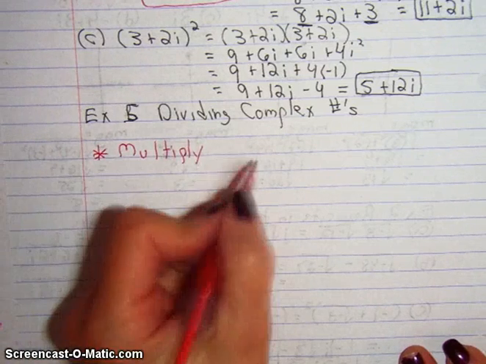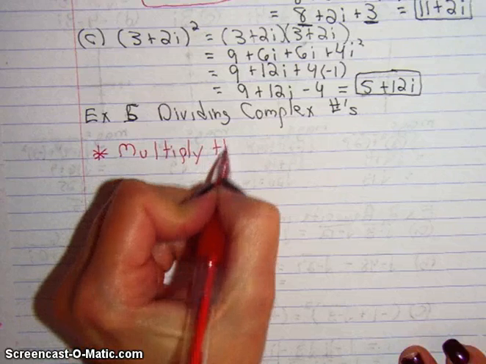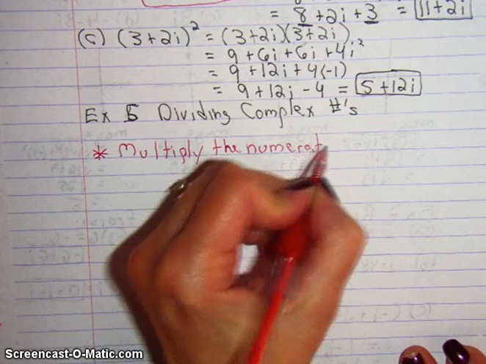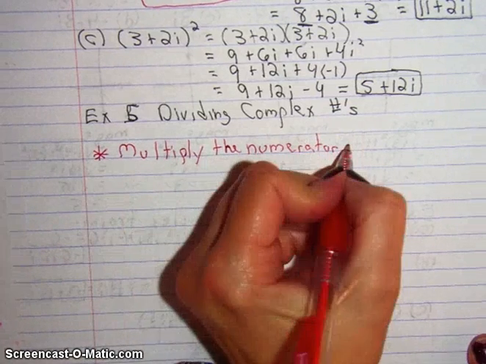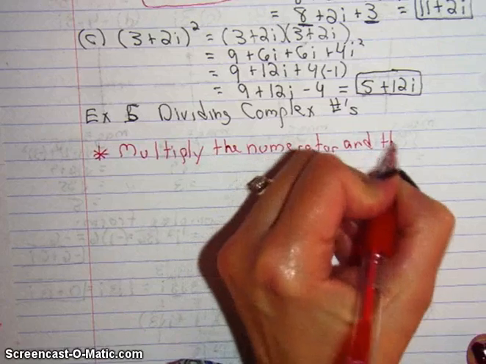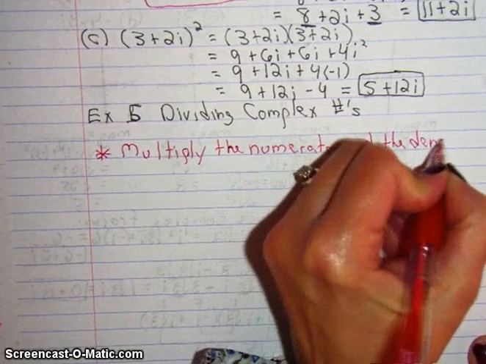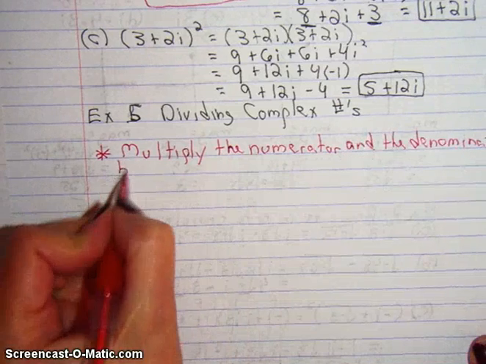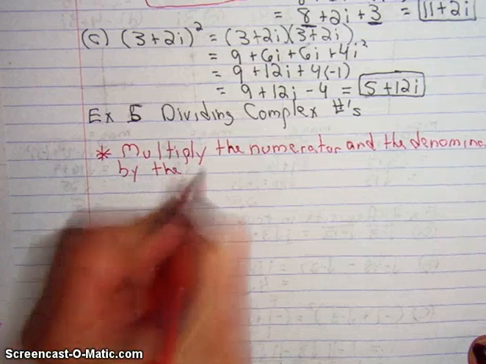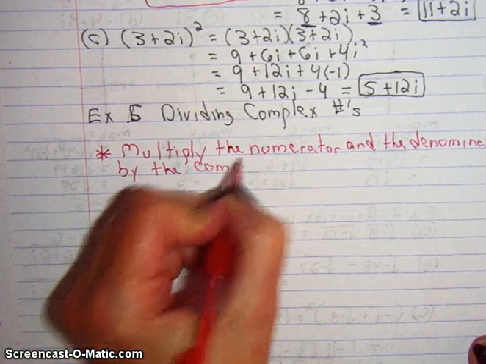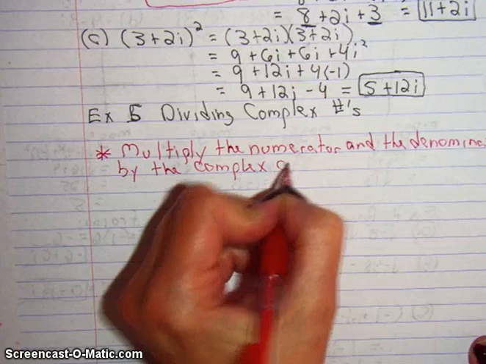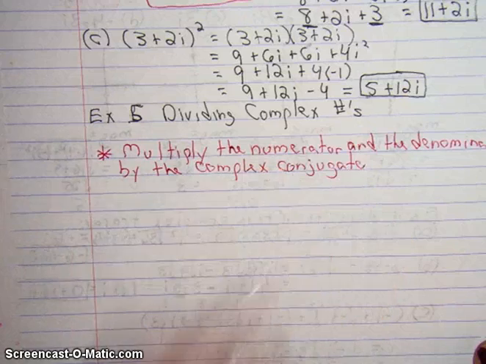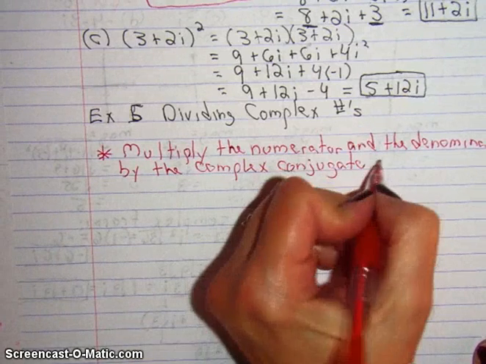When you divide, you multiply the numerator and the denominator by the complex conjugate of the denominator.